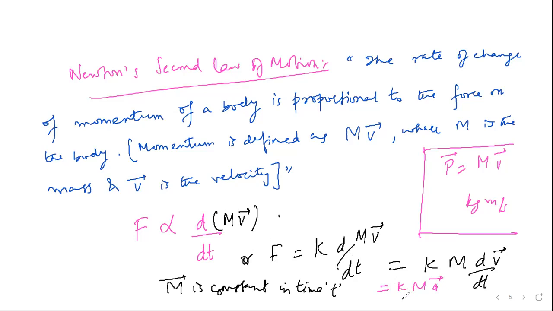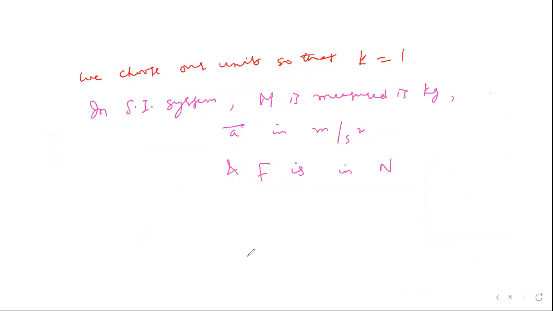So by our choice of units we make k 1. I repeat, when m is 1 kg and it is accelerated at 1 meter per second square, then the force acting on the body is called 1 Newton. So k becomes 1, right?